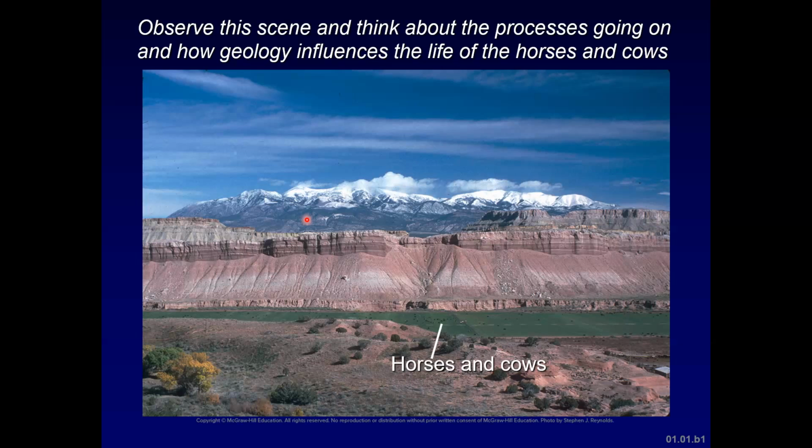First off, there's snow in these mountains. It provides water for the cows and the horses in terms of runoff, usually into reservoirs. We can assume that the groundwater is fairly high in this area. Well, not always in a mountainous region, but we'll just say it is here, because you can see how green that area is.